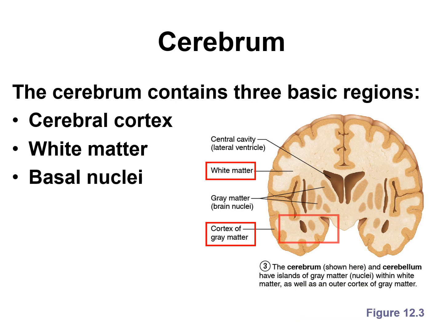Notice that we do have some little isolated islands of gray matter, and these are collectively referred to as the basal nuclei, or a better word for it would be brain nuclei.